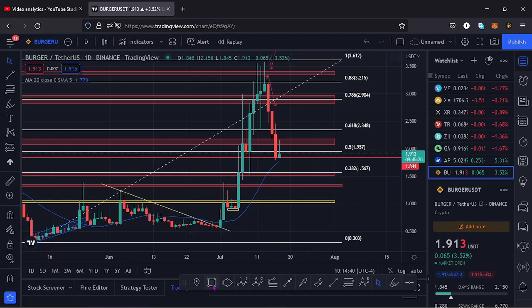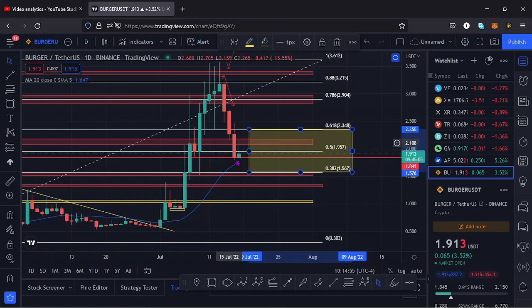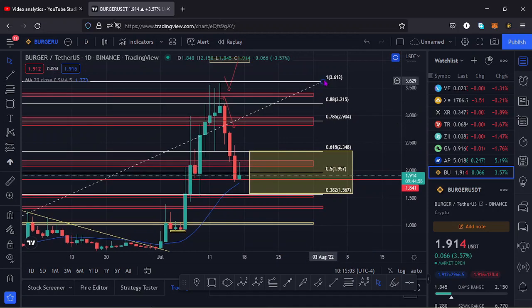So if I draw a yellow target in here, you can see that this retracement has done the minimum that we expect a retracement to do, and soon it's possible that we might be finding that reversal to the upper side and break above these key areas of resistance, and then continue pushing the price of Burger to the upper side once more.